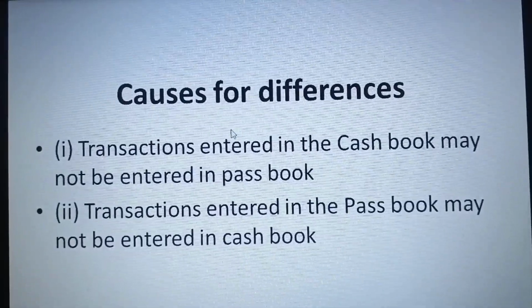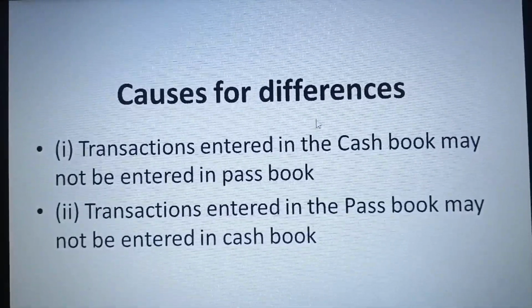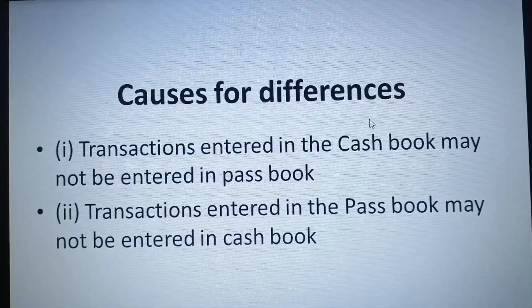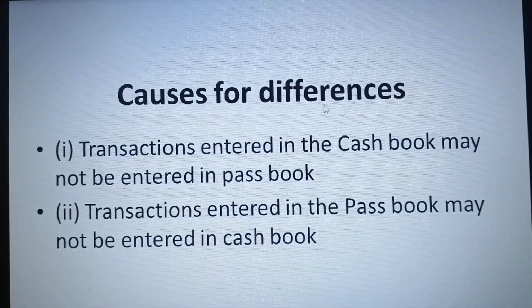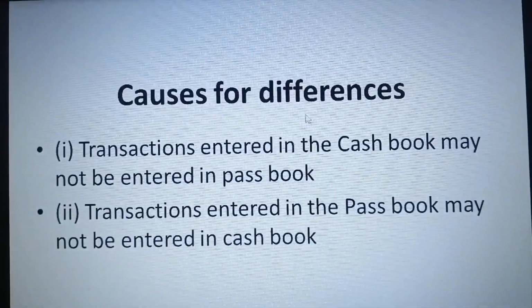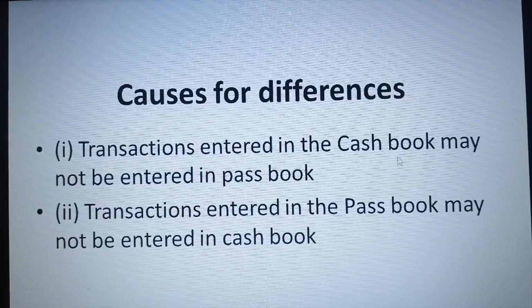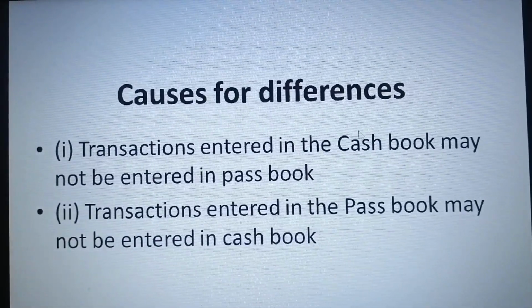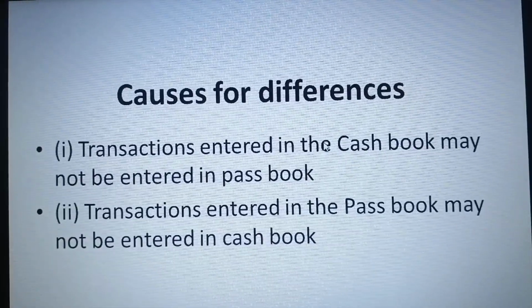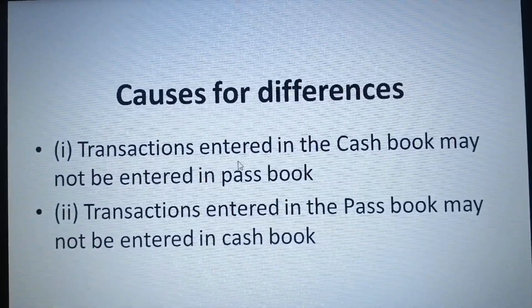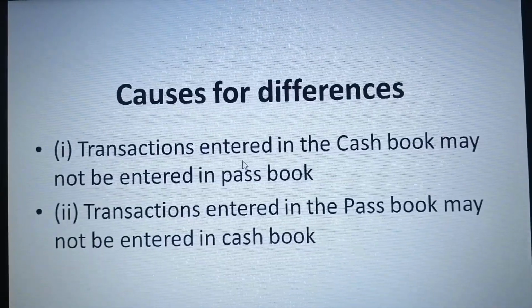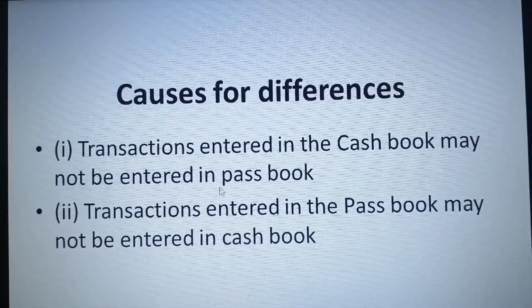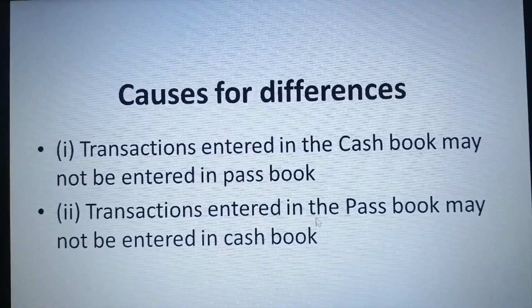So, BRS is prepared in order to find out the differences, and steps are to be taken to remove them. Now let's see why these differences arise in the cash book as well as the passbook. Causes for differences: there are two major causes. One is when transactions entered in the cash book are not entered in the passbook.